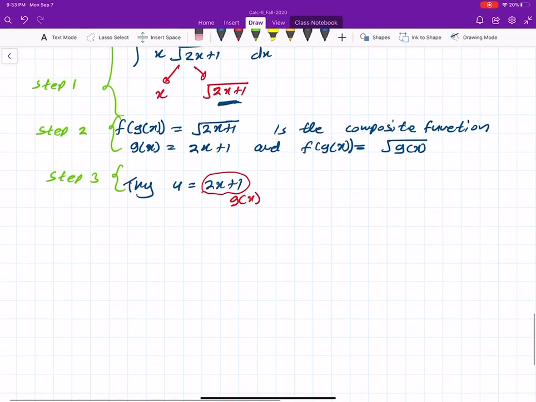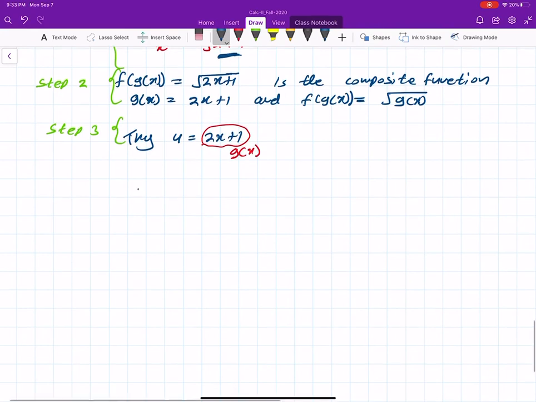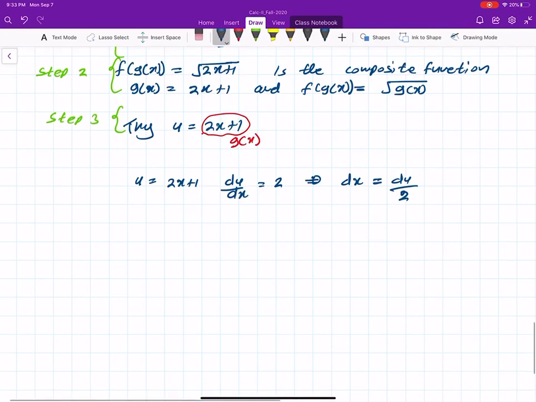All right, go forward. You know u equals 2x plus 1, and then get the derivative of u with respect to x, which is 2, and then you solve this for dx. dx equals du over 2. All right, and then I'm going to rewrite the given problem for convenience, which is x times the square root of 2x plus 1.